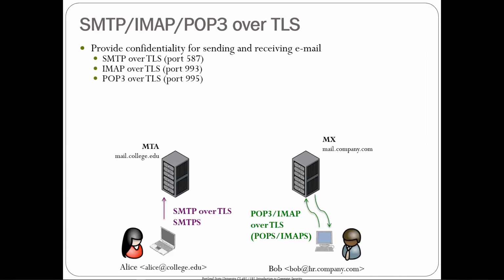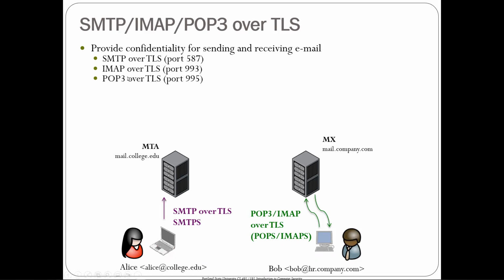We'll talk about integrity next, but definitely get the encryption, right? We can have an encrypted channel, and then we're going to use these port numbers. So 587, 993, and 995 are the new ports for doing these standard protocols over TLS, and they're the equivalent of things like HTTP over TLS.